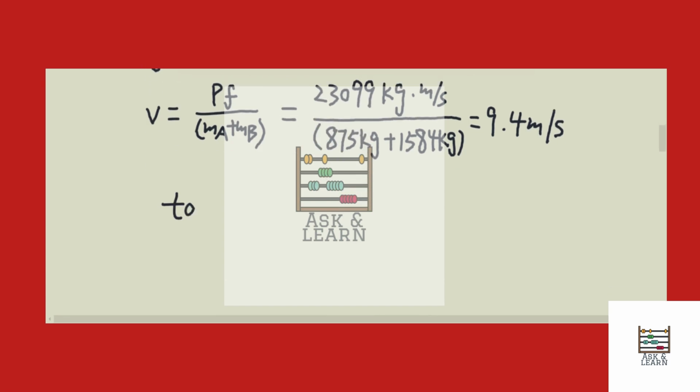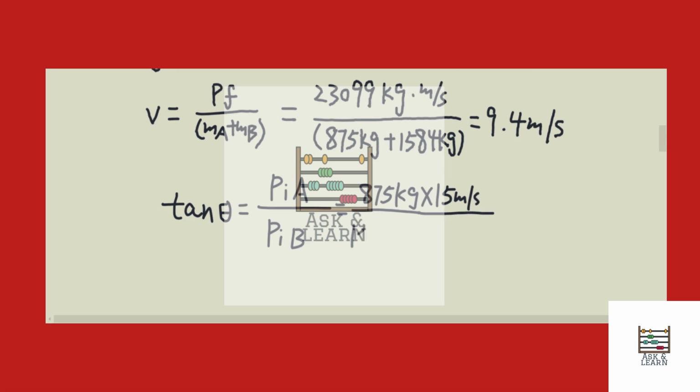We know tangent theta, where theta is the angle, is equal to the momentum on the y-axis over the momentum on the x-axis, which is the initial momentum of car A over the initial momentum of car B. That is 875 kilograms times 15 meters per second over 1584 kilograms times 12 meters per second.